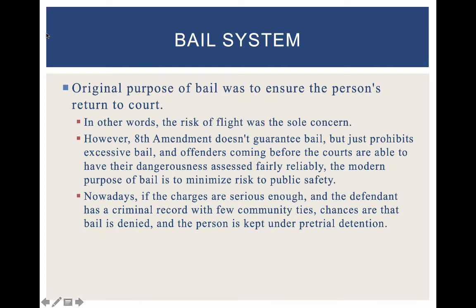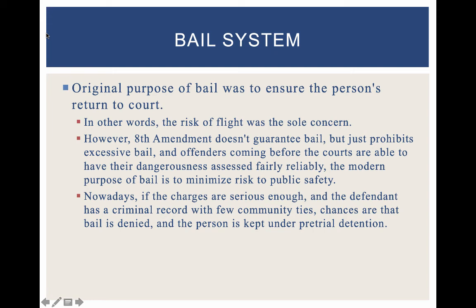The original purpose of bail was to ensure a person's return to court, so that they wouldn't go away. So if I was arrested and they wanted me to return to my hearing, they would take money from me. Nowadays, the Eighth Amendment doesn't guarantee bail, it just prohibits excessive bail. So that's what the Eighth Amendment does.